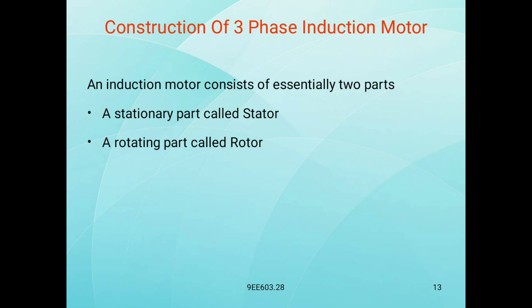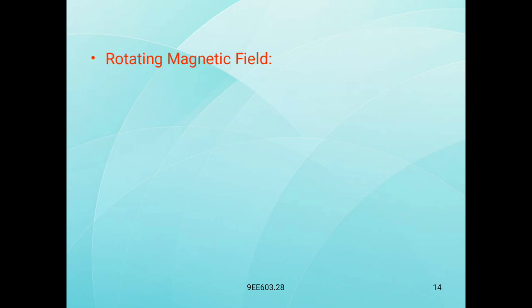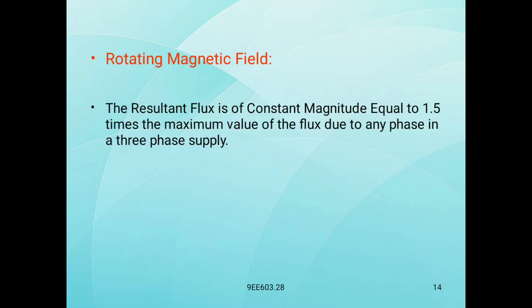A stationary part is called the stator, and a rotating part is called the rotor. A rotating magnetic field: the resultant flux is of constant magnitude, equal to 1.5 times the maximum value of the flux due to any phase in a three-phase supply.